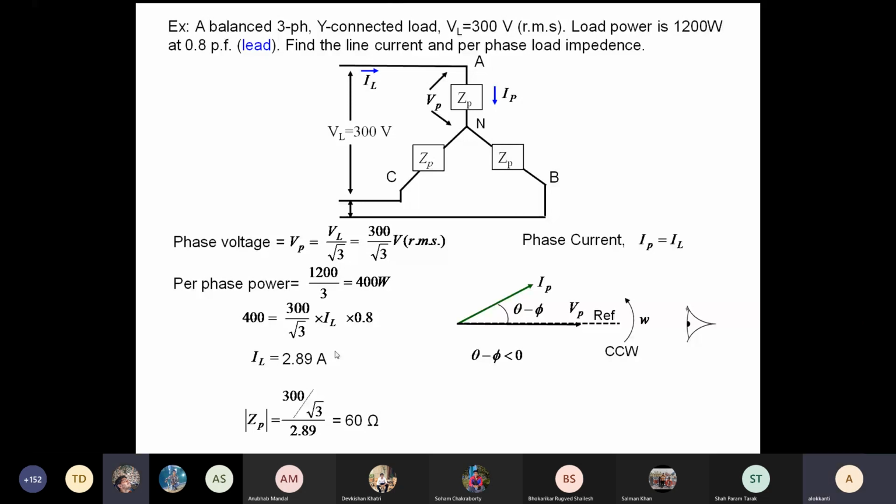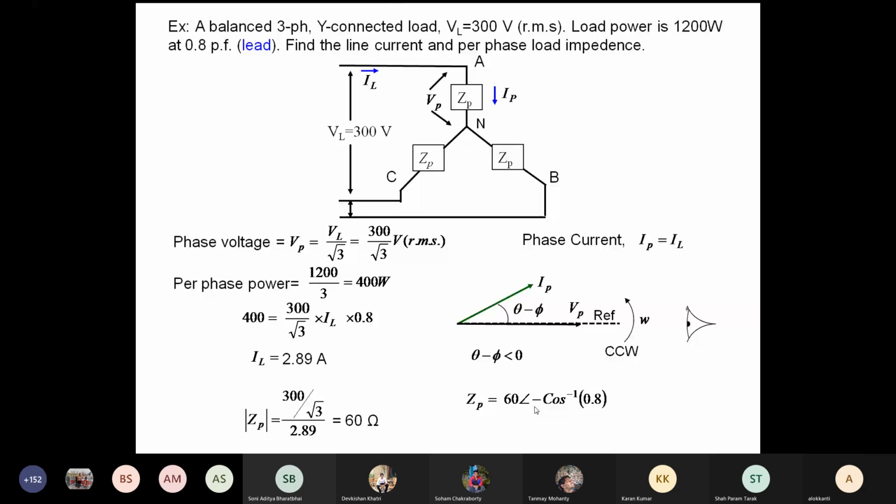I squared R is equal to power for R. But why do you need to go to power? Power factor: V is IZ, and R by Z is the power factor. So Zp is equal to 60, the absolute value, at minus cos inverse of 0.8.